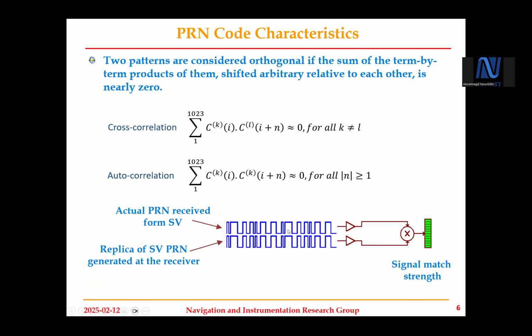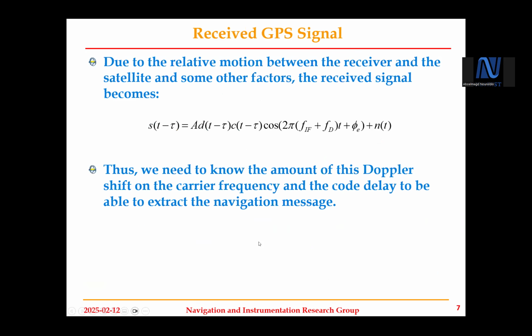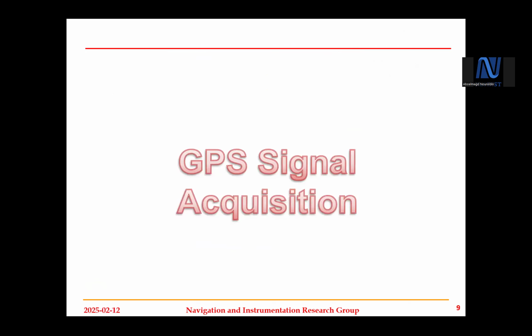I don't know the difference. So they will not align. And so what I do, I keep sliding my locally generated signal over the received samples until I get a match. If I get a peak, then this is the first indicator. Oh, this satellite signal is present in the air, and the delay was the difference here where I get the match. So we go back here.